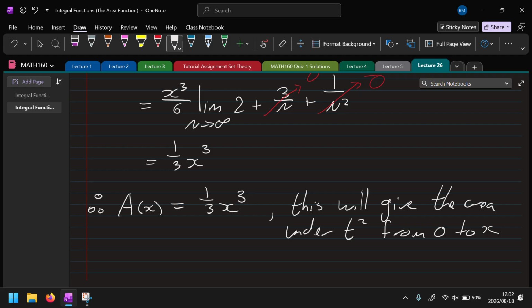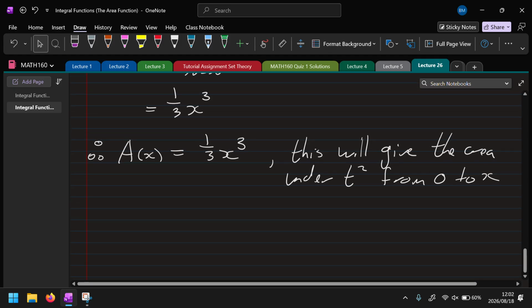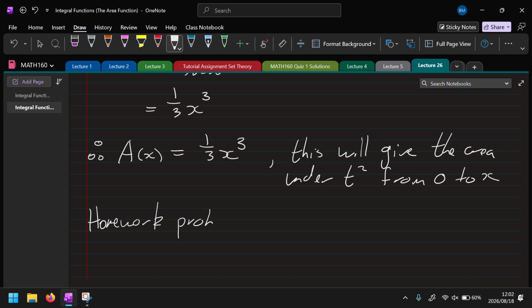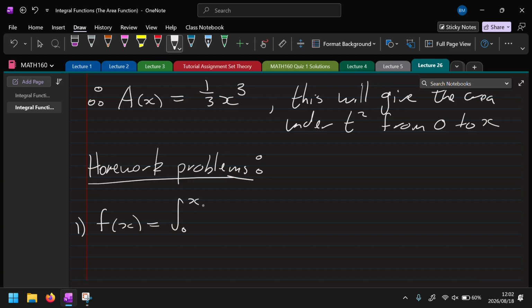Yep. Pretty simple. So you're going to have 2 homework problems, and then the rest of it you're going to see tomorrow during the tutorial. Please make sure you do these problems, otherwise you're going to be a bit stuck tomorrow. So number 1, f of x equals the integral from 0 to x of e to the t dt.